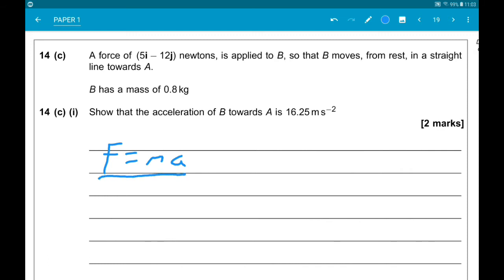Okay, now we need to work out the size of the force. So the force is the magnitude of 5i minus 12j. So that's the square root of 5 squared add 12 squared, which is going to give us 13.